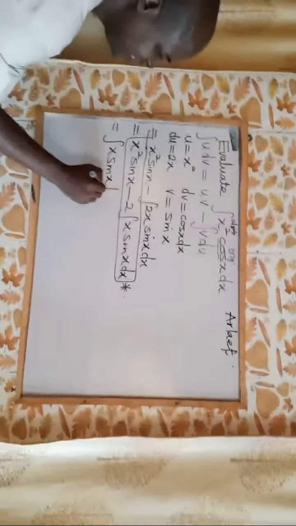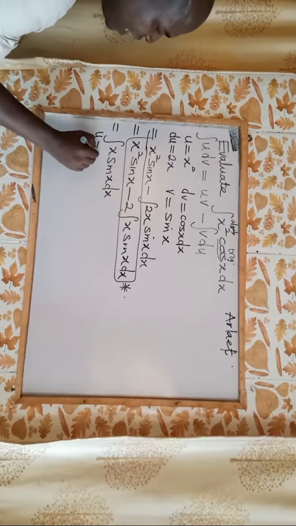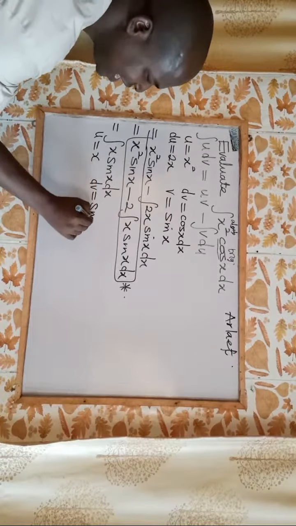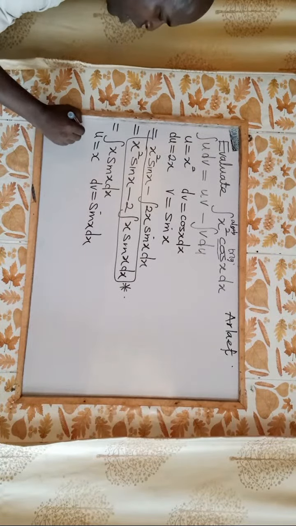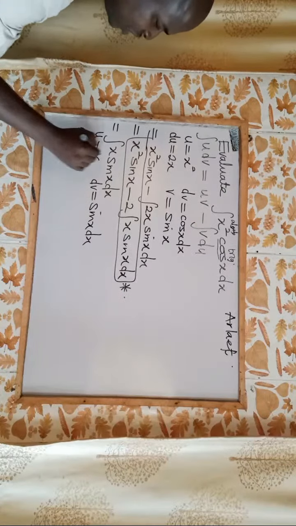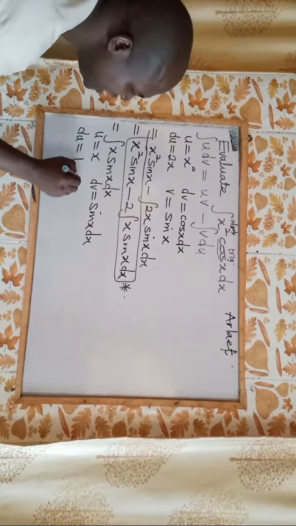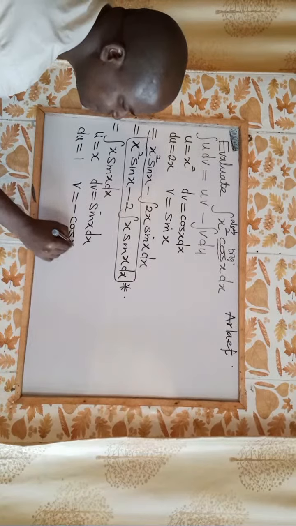sine x dx. From here, I can have my u to be x, then my dv to be sine x dx. Differentiating u, when you differentiate x you have 1. Then integrating dv, you are going to have minus cos x.